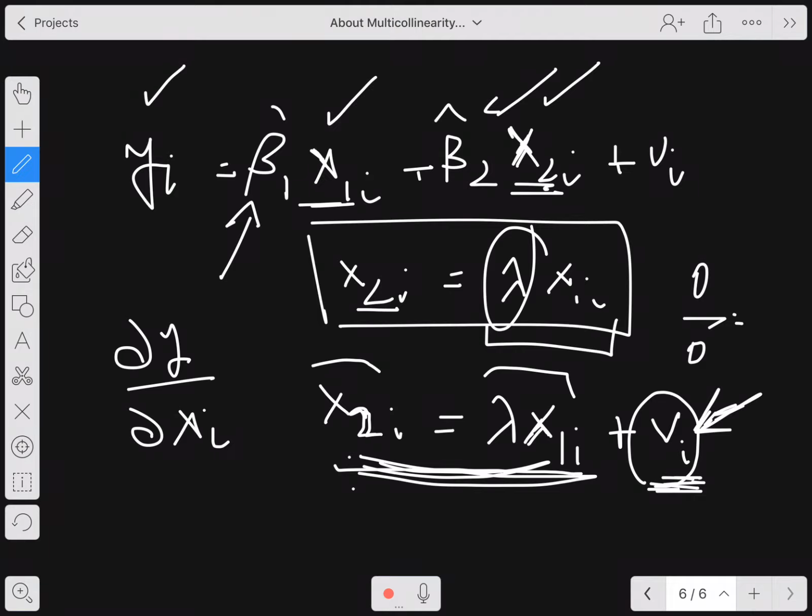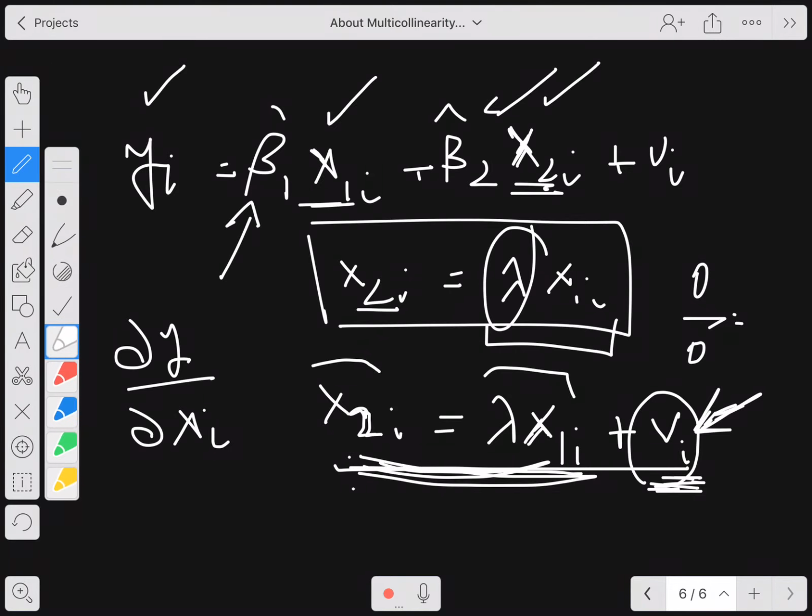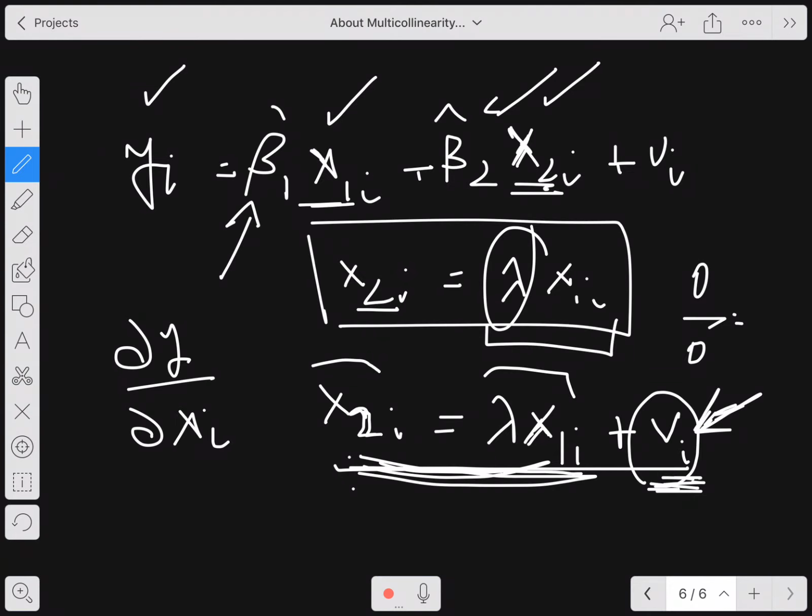I also want you to think about this model as if you can write it this way, but I'm just making my life easy by not thinking about an intercept. x2i can also be equal to lambda 0 plus lambda 1 x1i plus vi.